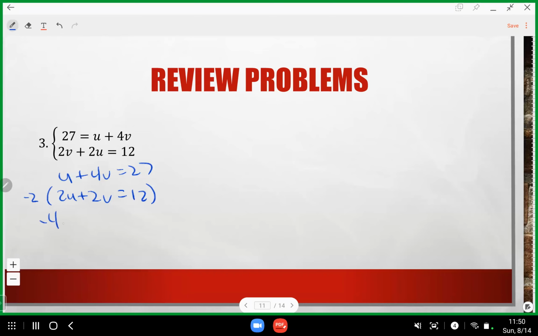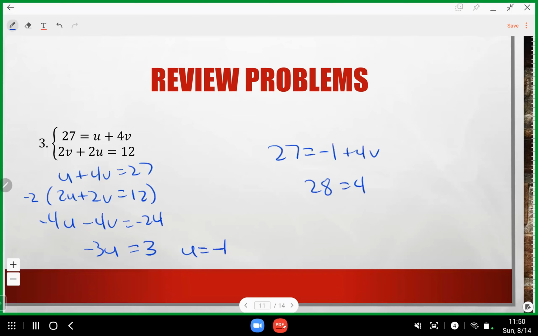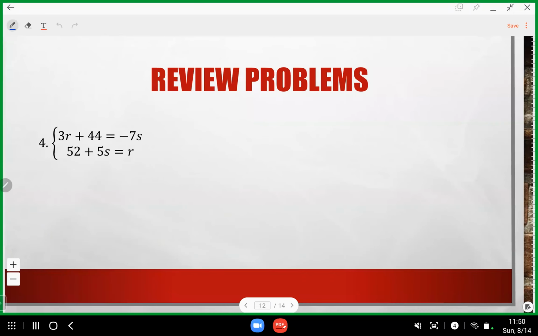So 4u minus 4v is going to be equal to -24. Then if you add them, you get -3u is going to be equal to 3. U is going to be equal to -1. 27 is going to be equal to -1 plus 4v. 28 is going to be 4v. V is equal to 7. Therefore, you get -1, 7. Very good, William. All right, number 4.